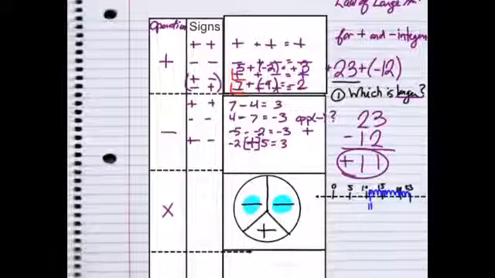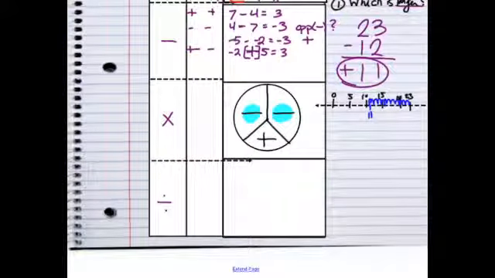One other way to help you remember multiplication and division of positive and negative numbers is to relate positive numbers to love and to relate negative numbers to hate. So, if you had a positive number times a positive number, then you love to love, so you're going to love.